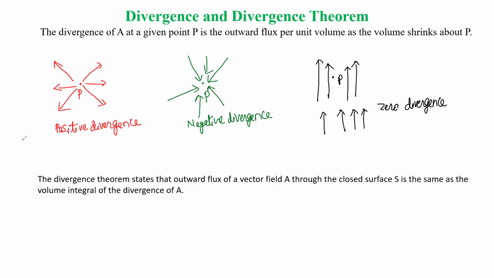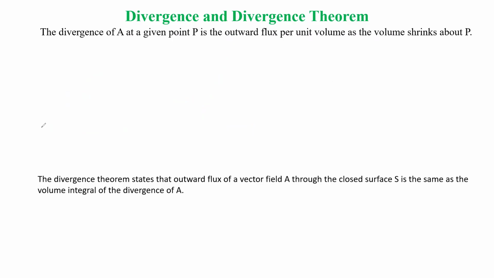Now the important thing is how we define the divergence with the help of an expression. Again, we'll see the divergence in three different coordinate systems. Since the volume is going to shrink, finally the divergence is given as the divergence of A, where A is any vector.